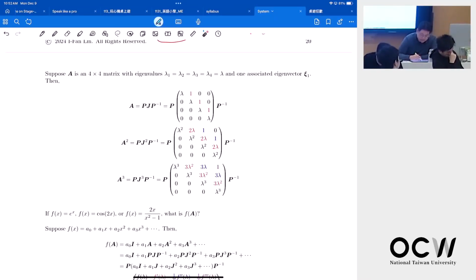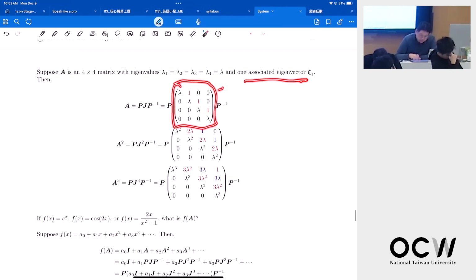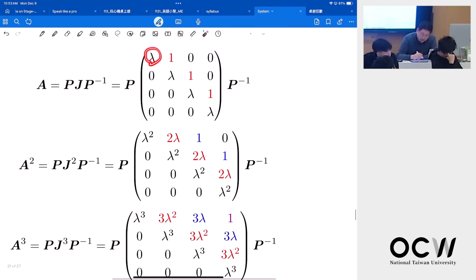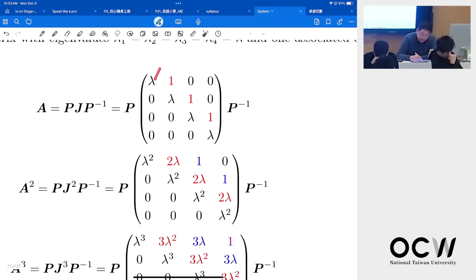I have repeated eigenvalues, and I only have one associated eigenvector, C1. So I only have one associated eigenvector. So I know that for my Jordan block, for the repeated eigenvalue, I can only find one associated eigenvector. The rest will be generalized eigenvectors. So I will put 1 here.